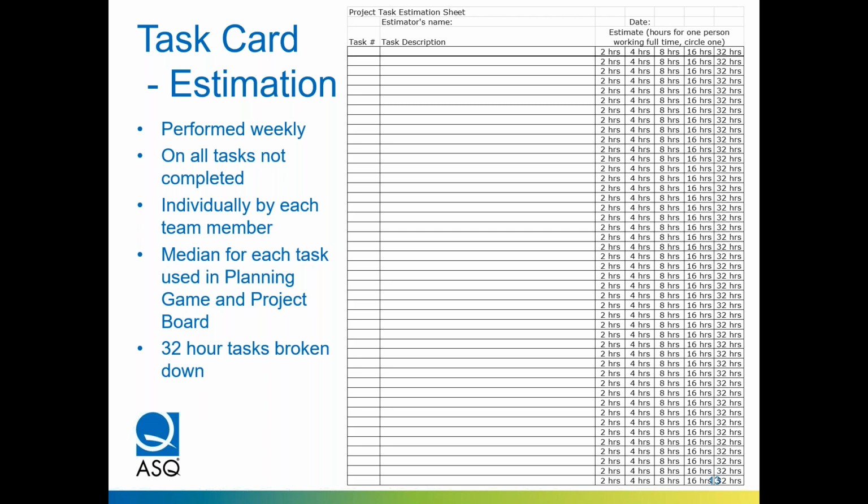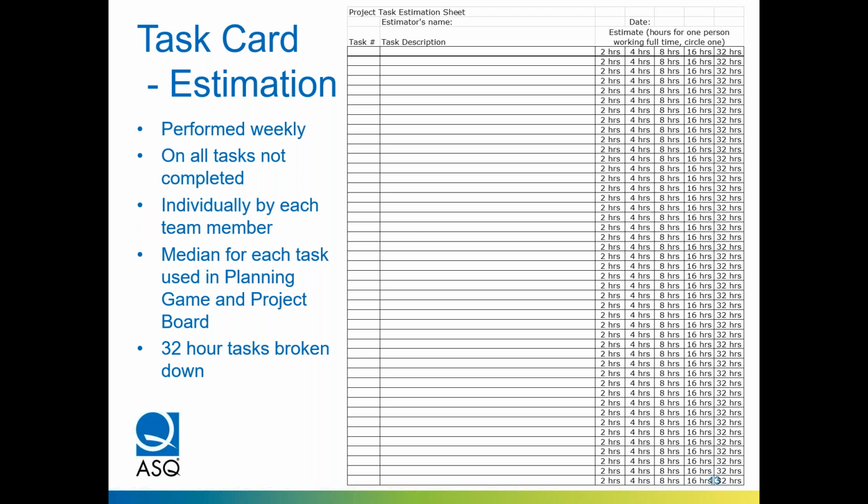And so there's an iterative nature of this. Once you go through and everybody uses this, fills it out individually, then we talk about it. And if there's tasks that look like they're going to be too big, we add collectively as part of the estimation exercise, add those tasks to the end, number them, and ultimately the project manager uses the median value for the tasks from everybody for each individual task, and that's what goes on the card.